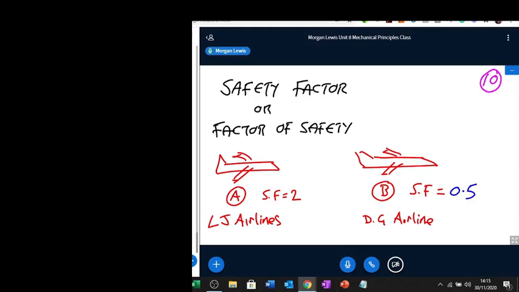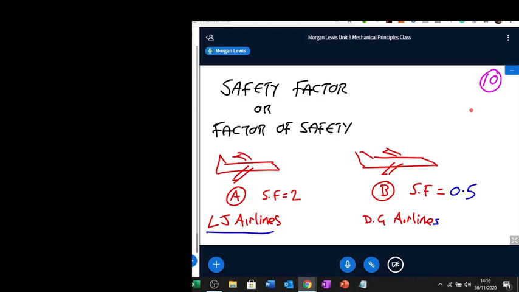Would you go anywhere near DG Airlines? Would you? Or would you fly with LJ Airlines, who's got a safety factor of 2? DG Airlines has got a safety factor of 0.5.